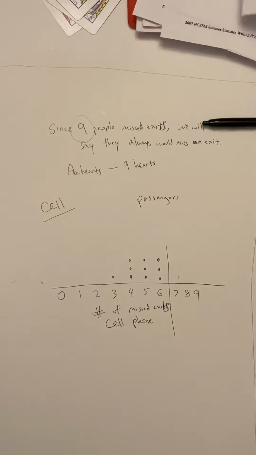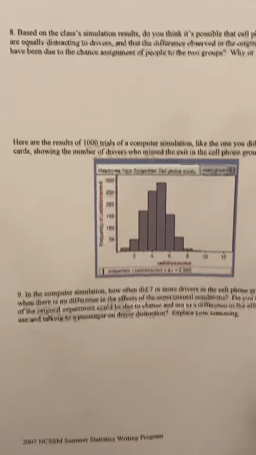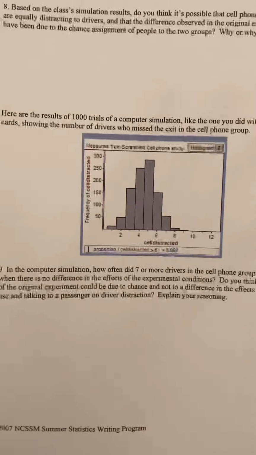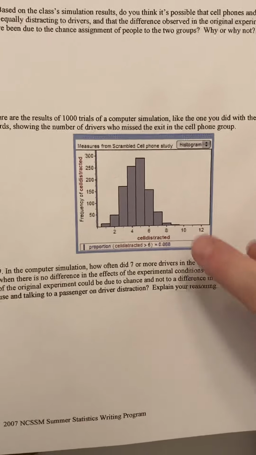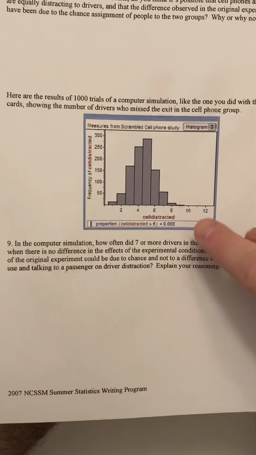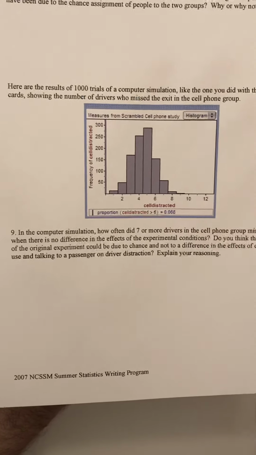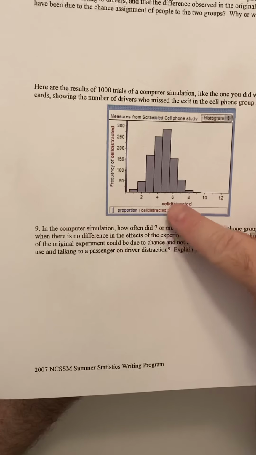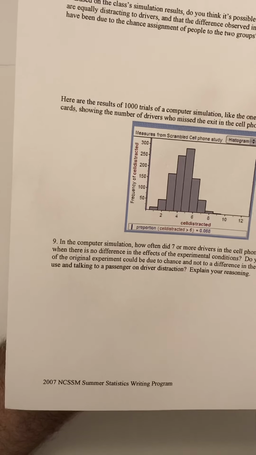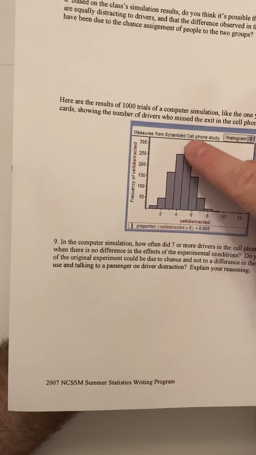Now, I want to show you this. This is a histogram. I hope you can see this. Let me check my phone. Yeah, this is a histogram of this simulation being done. Instead of 10 times like I had done, it was done 1,000 times. You see that the majority of the time, 4 and 5 exits were missed by the cell phone users.